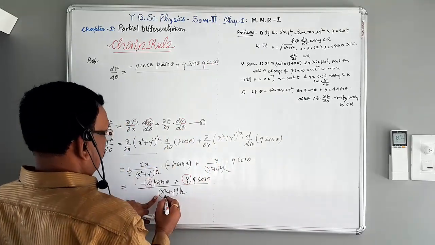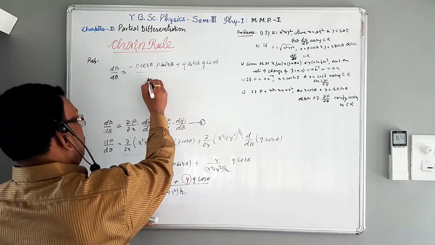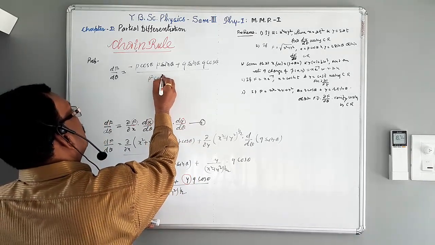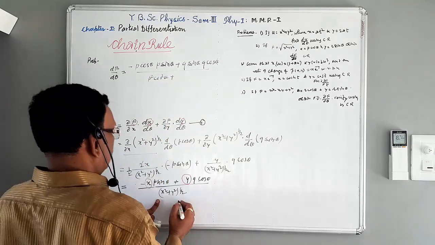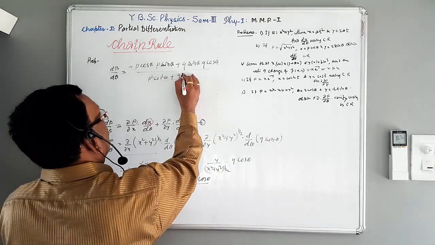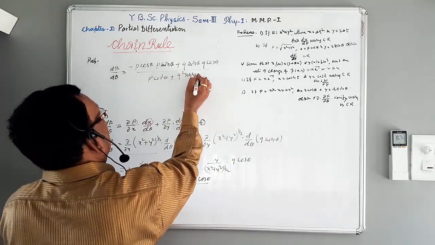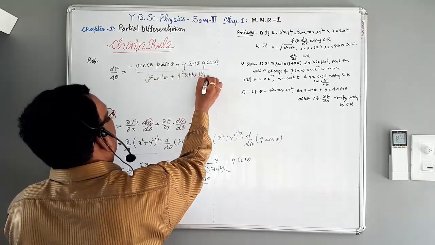Here also again substitute, we have p square cos square theta plus q square sin square theta bracket raised to 1/2.